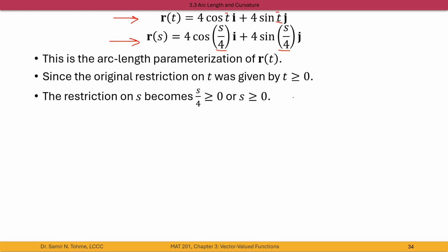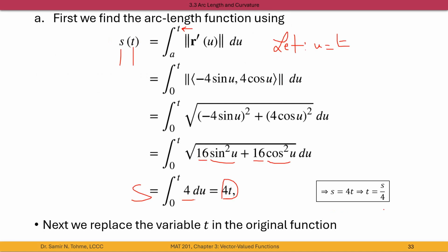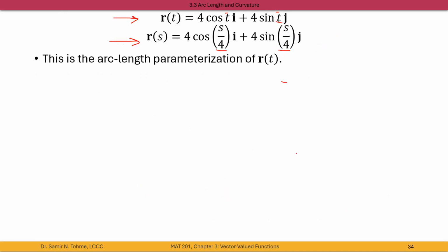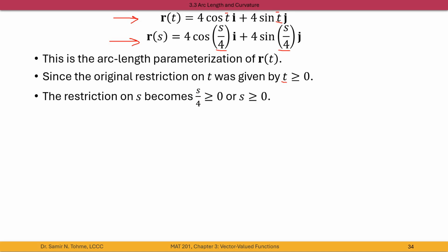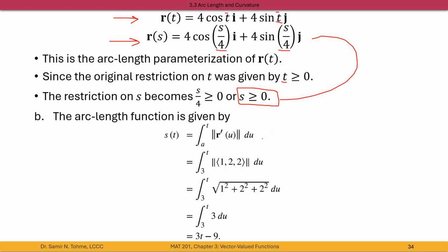Since t is equal to s over 4, replacing t with s divided by 4 and cross multiplying, you will have the same condition, s greater than or equal to 0.